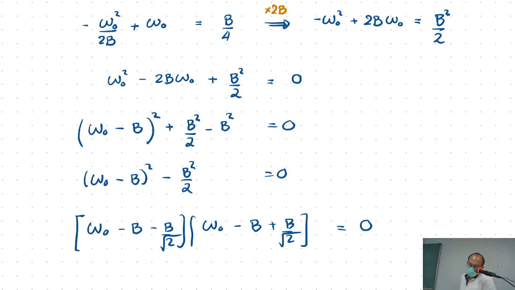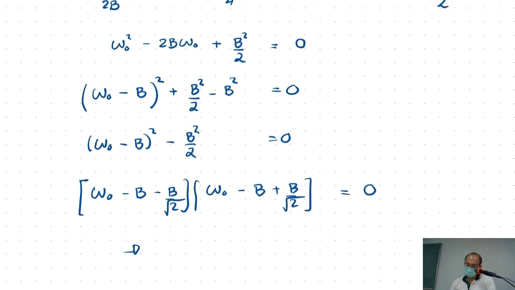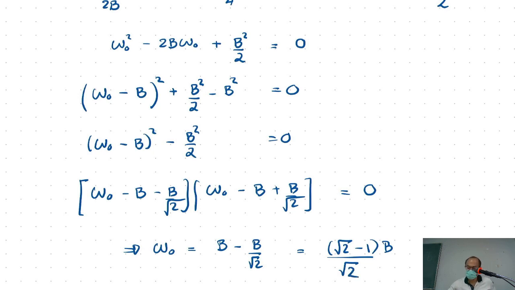But this is, of course, out of range, right? So this means that omega 0 is equal to b minus b over square root of 2. So square root of 2 minus 1, b over square root of 2.